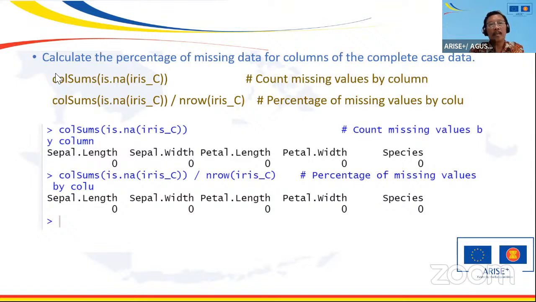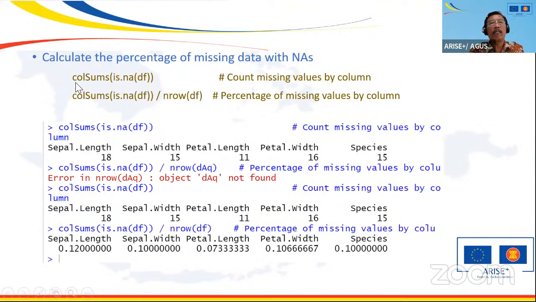So of course NA is 0 here. And we use the complete case. But if we use the one with the NA, then we get this number as we've seen before.